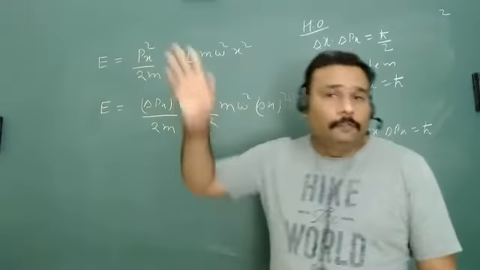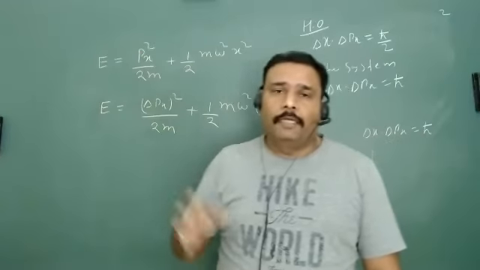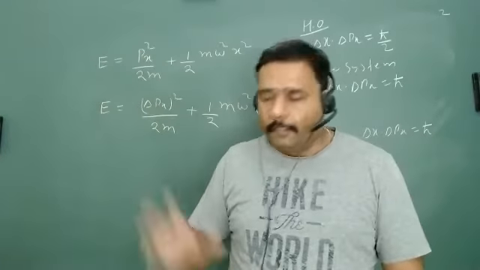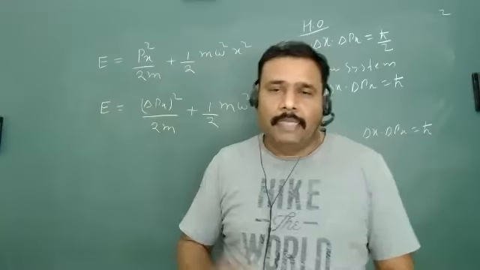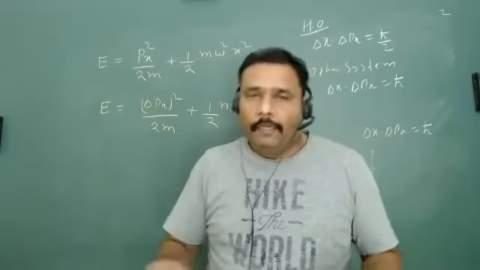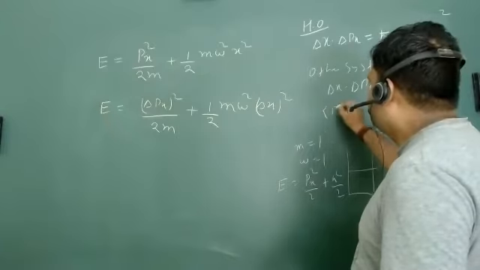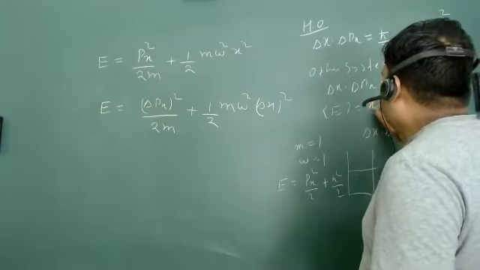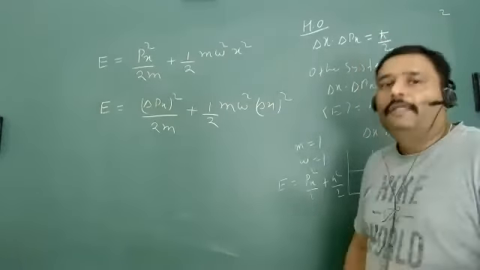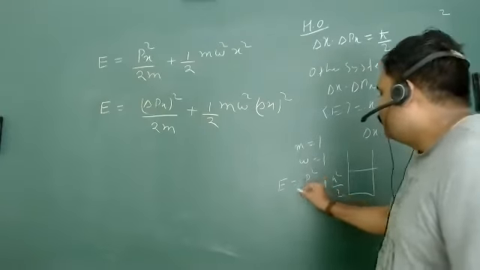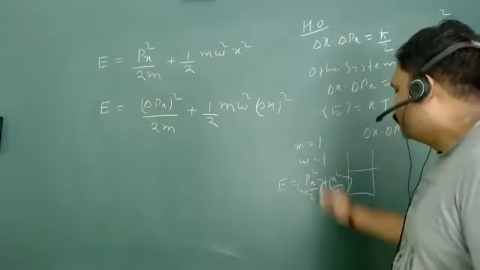If you go into the kinetic theory of gases or statistical mechanics, at some temperature T, what will be the average energy of a harmonic oscillator? You will get kT. And how do you get kT? You take the average value of kinetic energy and the average value of potential energy.